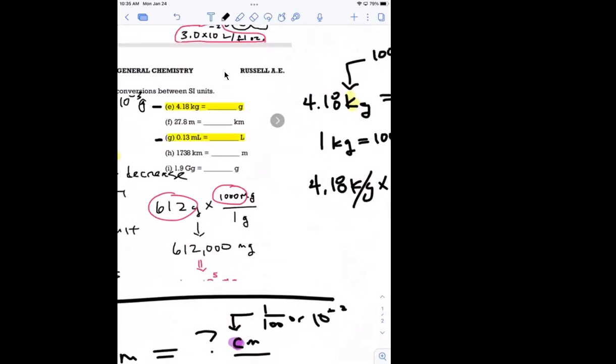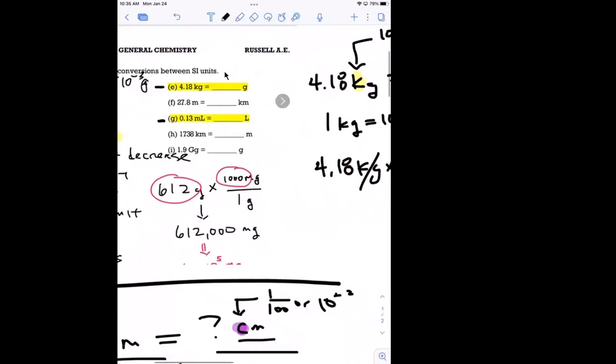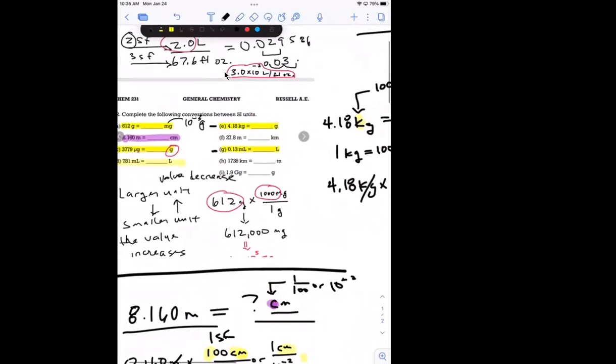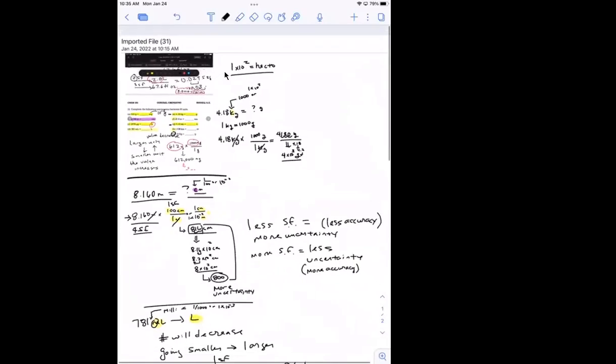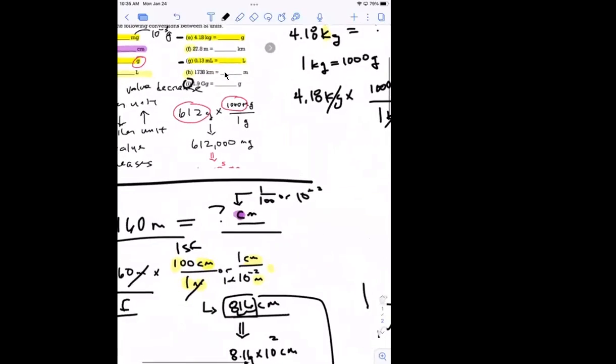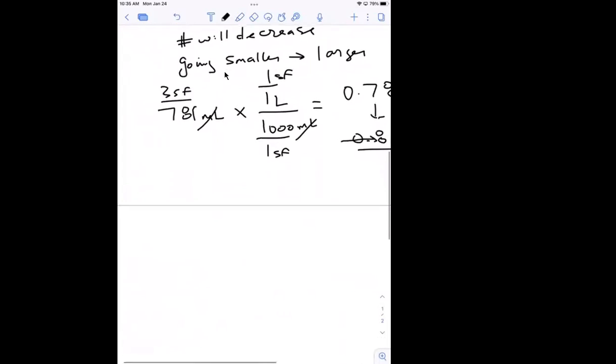All right, let's do I, because I think we've done meters to kilometers already. So this you can do on your own. Let's do I. Yeah, H you can do on your own because we've done that. Let's do I. 1.9 gigagrams to grams. What do you think? What is giga anyway?